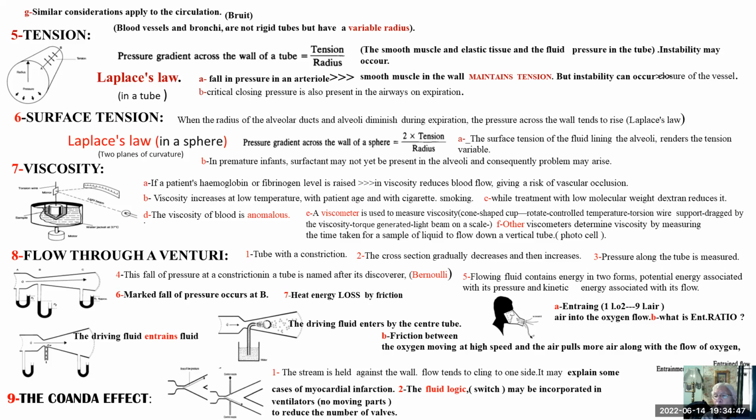Of course, to preserve this pressure acting on the wall of the blood vessel by the fluid, we must have a balance between the pressure and the elastic and muscle coat of the blood vessel to maintain the pressure.